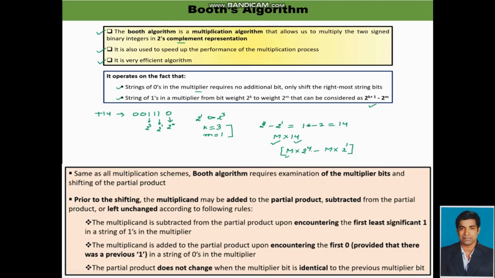For example, +14 in binary, represented using binary weights, is 0 0 1 1 1 0. Here, from binary weights 2^1 to 2^3 we are getting 1, so k is equal to 3 and m is equal to 1.